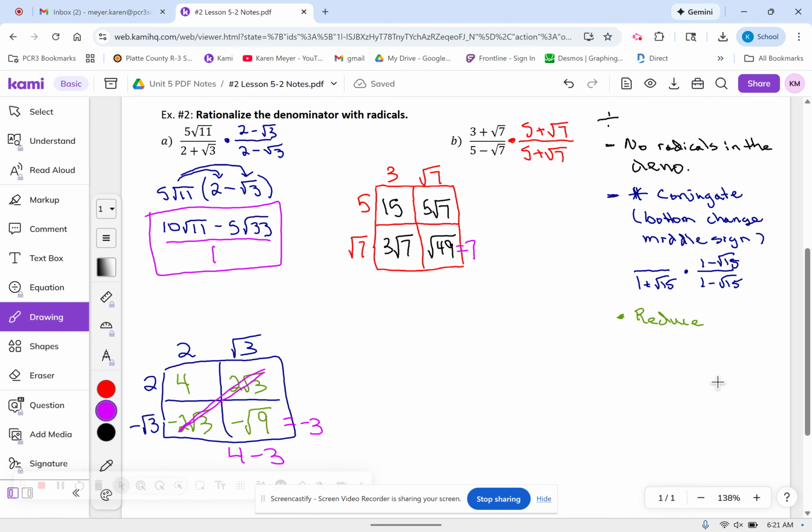And then here I have some like terms, so I can combine 15 and 7 together, which gives me 22. And then I can also combine 5 square root of 7 plus 3 square root of 7, which gives me 8 square root of 7. So then on the top, you should have 22 plus 8 square root of 7.